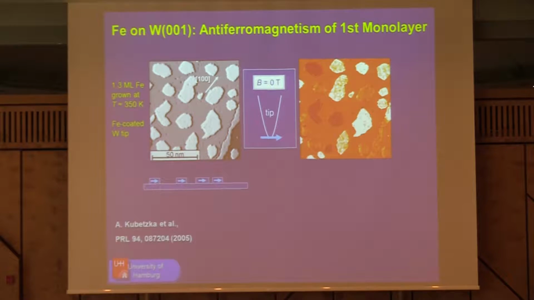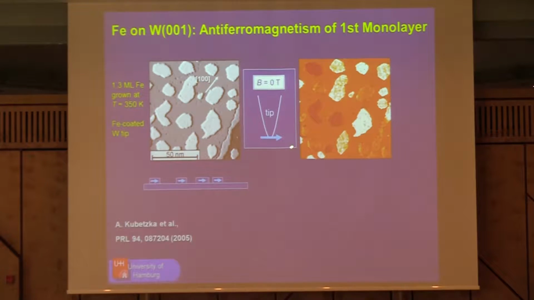So we thought that this is really a very nice test case, so we prepared a sample with about 1.3 monolayer coverage of iron on this tungsten(001), so that you can see some second layer iron islands, which were known to be ferromagnetic. We did this kind of preparation so that we could calibrate our spin-polarized tips.